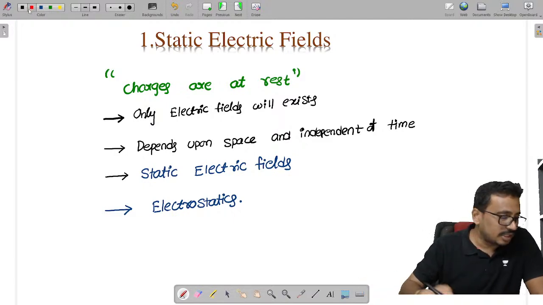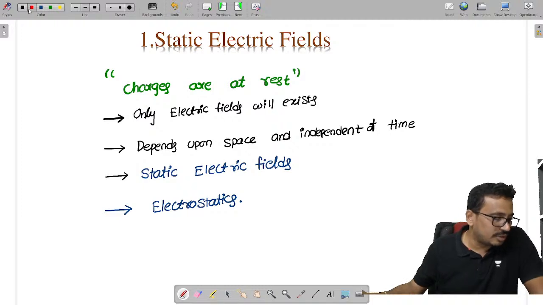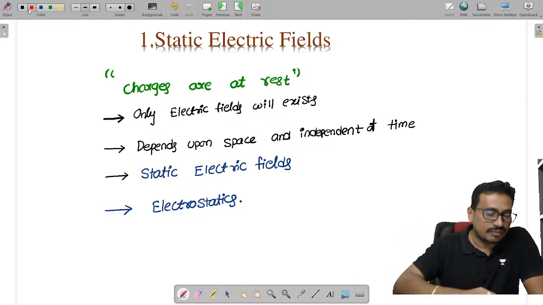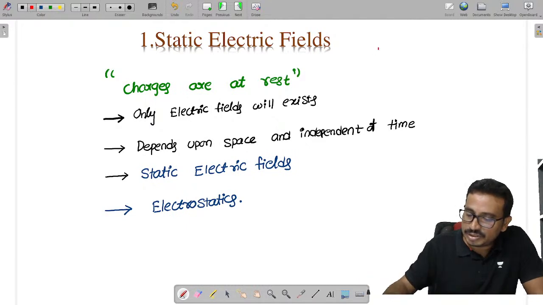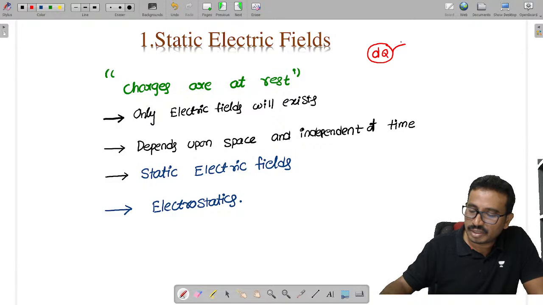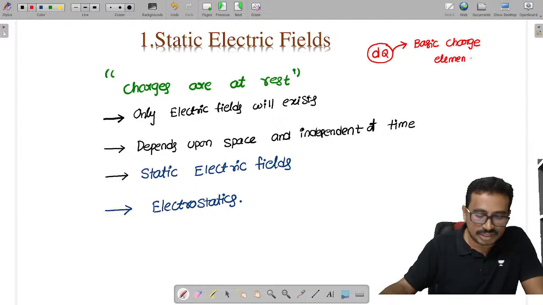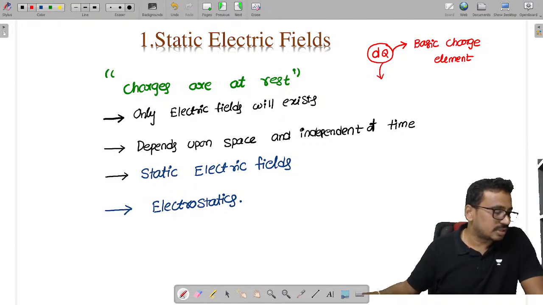Now, what is the reason for this electric field? What causes the electric field? Charge. We have dq, which is called the basic charge element. Because of this dq, we have the electric field. dq is called the basic charge element, and it causes the electric field.